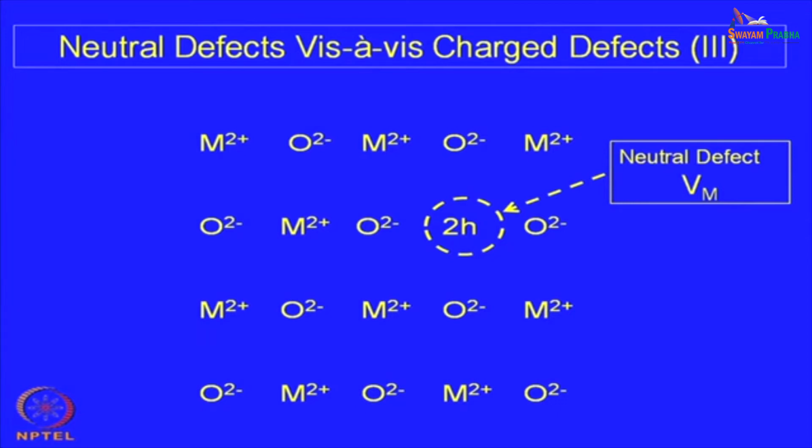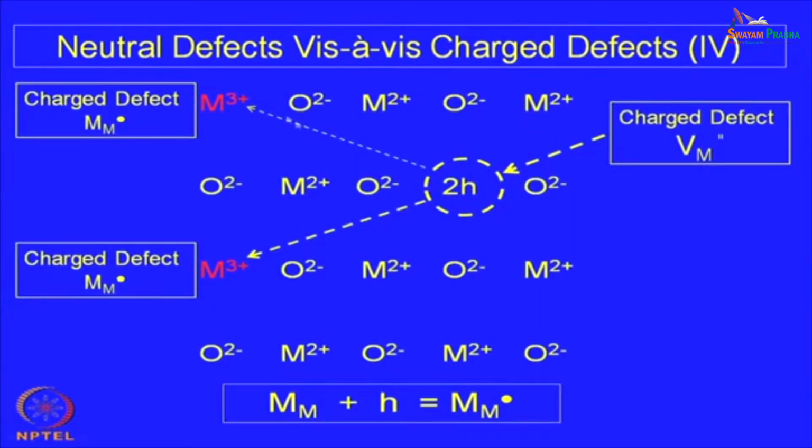Basically, holes are nothing but the deficiency of electron. So, here H means a hole, a positively charged hole, which is the deficiency of electron. So, two holes have been left behind, that means two positive charges, and the neutral vacancy has been created.